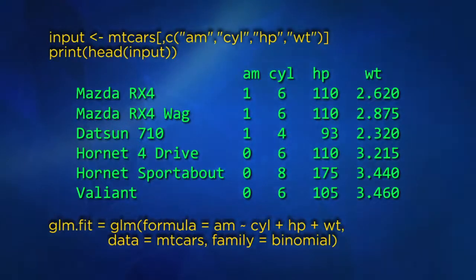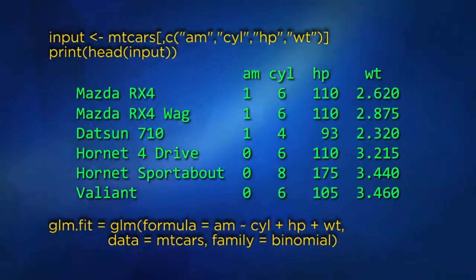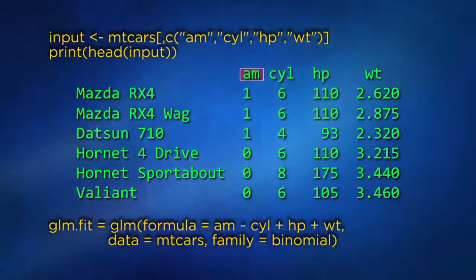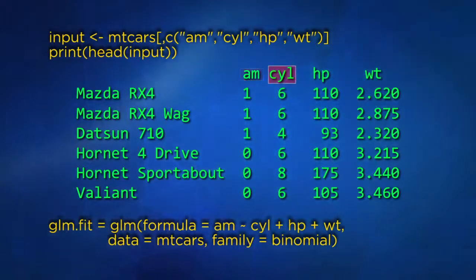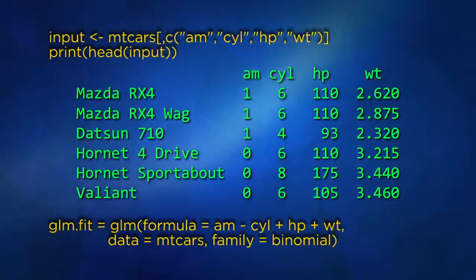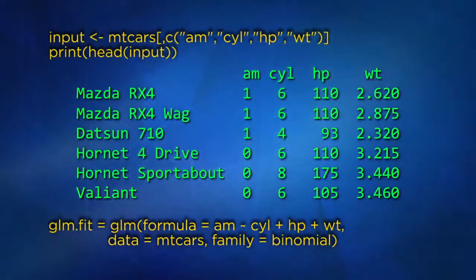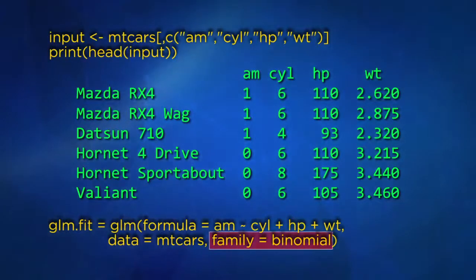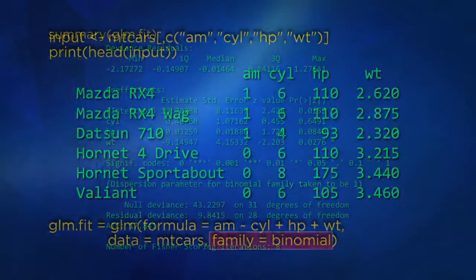Notice here's our GLM fit. Same formula that we do for a linear regression, right? We're modeling AM, automatic or manual, on the cylinders plus the horsepower plus the weight from our mtcars data set. But we need to specify that we're modeling it using the binomial family. So we're assuming that AM is from a binomial distribution.